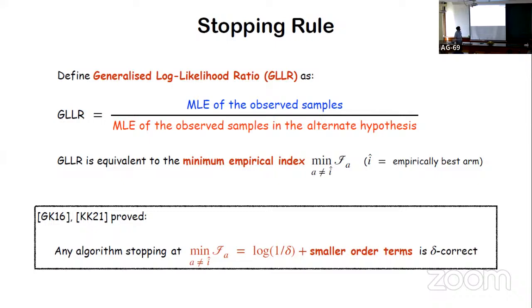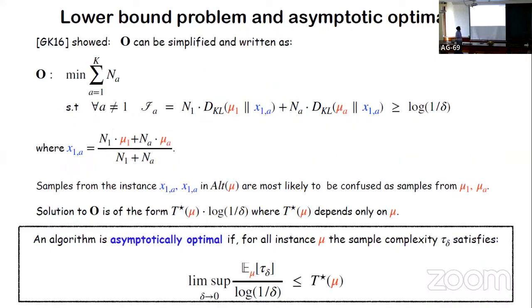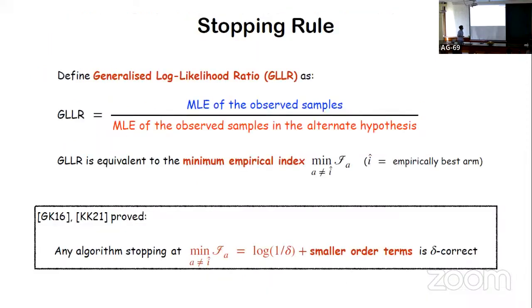Garivier and Kaufmann actually proved that this GLLR is exactly the minimum of these indexes, this quantity I_a that we had in the lower bound problem. So essentially any sampling strategy that stops when the minimum index crosses this log 1 by delta threshold, log 1 by delta plus something, is a delta correct algorithm.